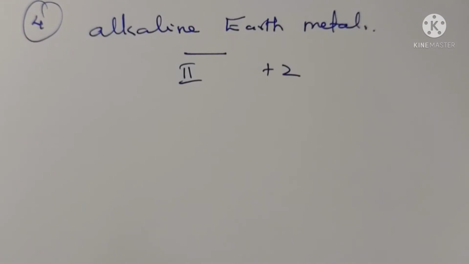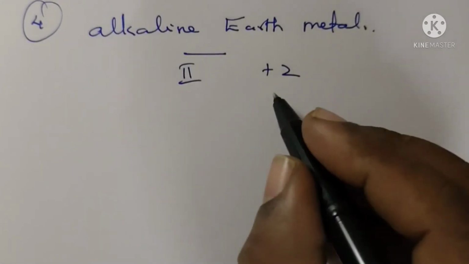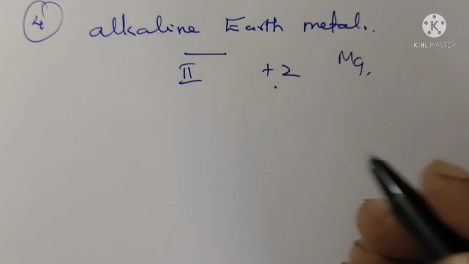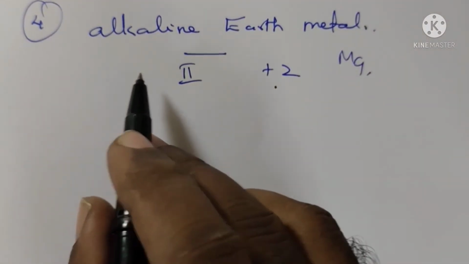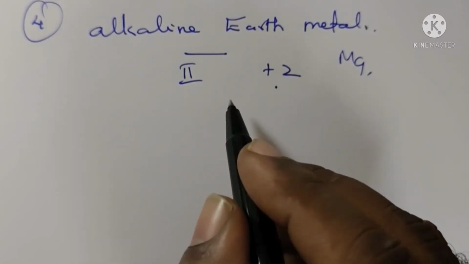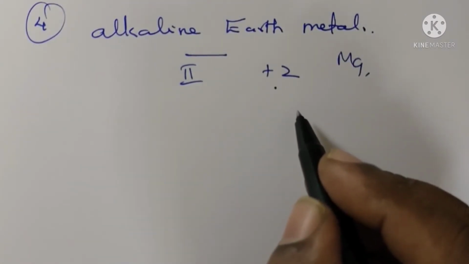The oxidation state of calcium in its combined state is +2. The oxidation state of magnesium in its combined state is +2. So for alkaline earth metals, the oxidation state in combined state is +2.